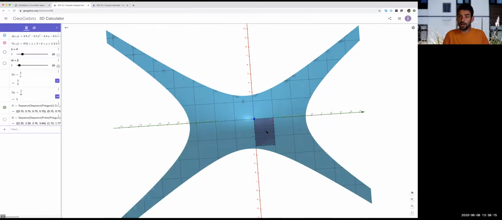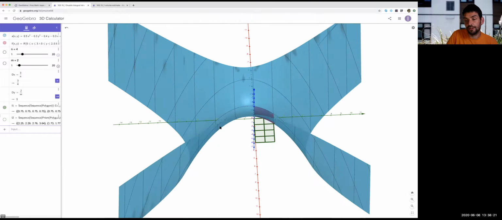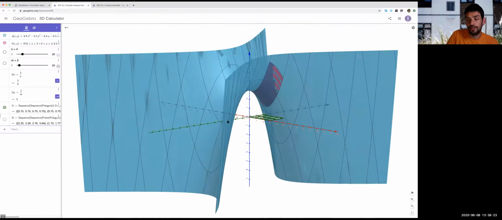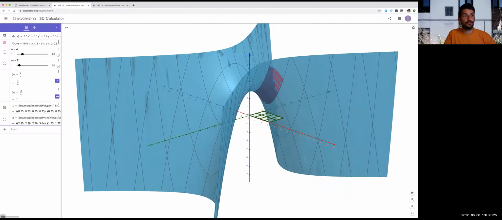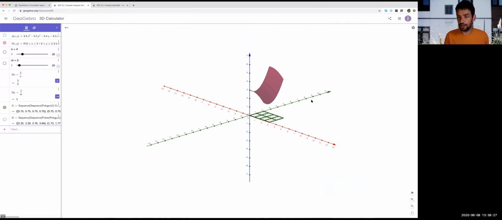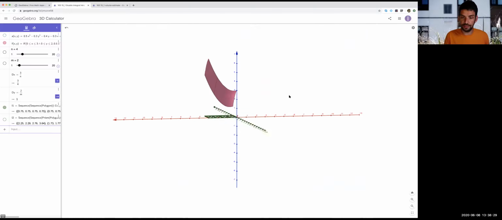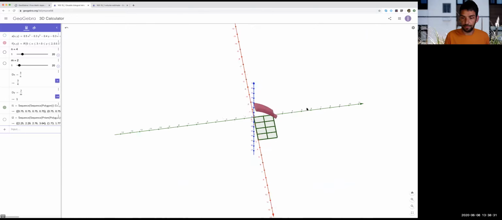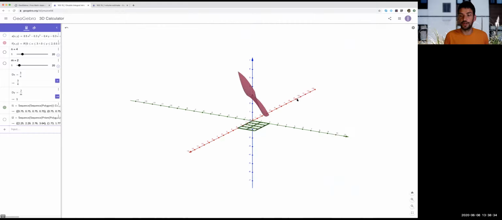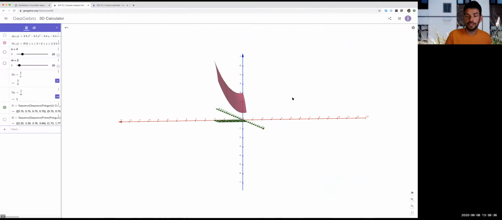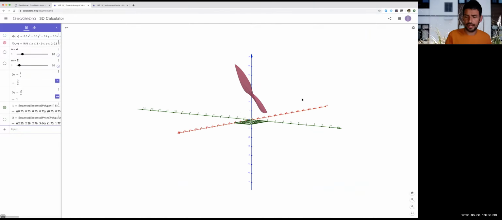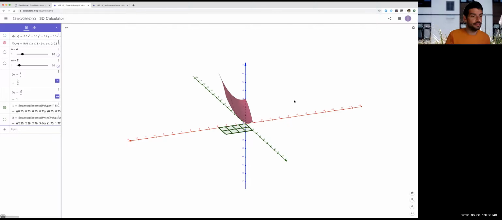Like if I look from above, you see the thing that I just turned on, this is our portion of the surface that lies precisely above that little region. So I'm going to get rid of everything else. So now we're just looking at the little piece of our surface that's above that region, right? Again, the z-axis is in blue, x is in red, and y is in green, I believe, if I'm remembering correctly.